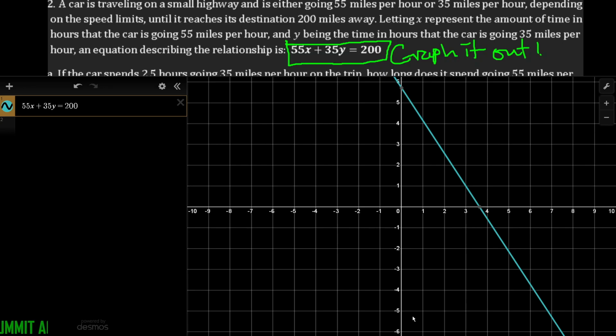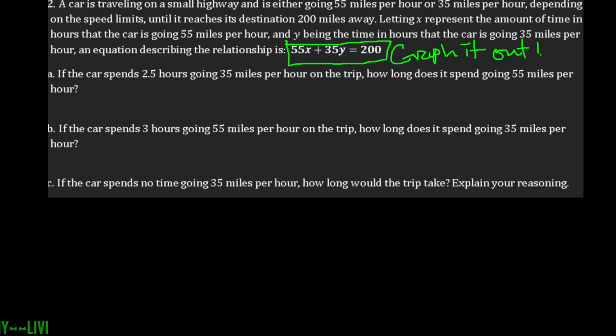Now, what does the first question ask? If the car spends 2.5 hours going 35 miles per hour, how long does it spend going 55 miles per hour?